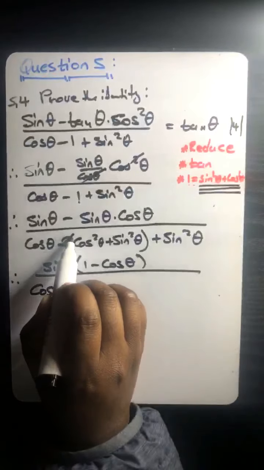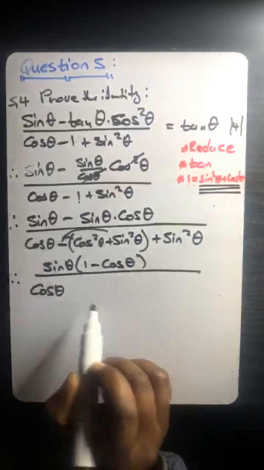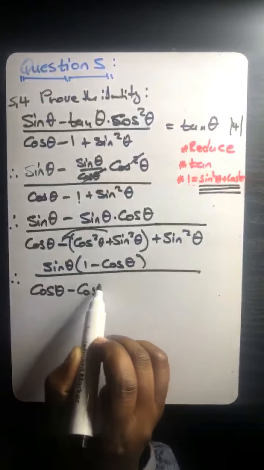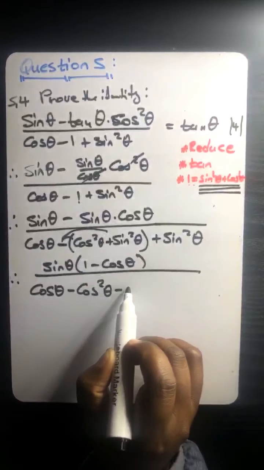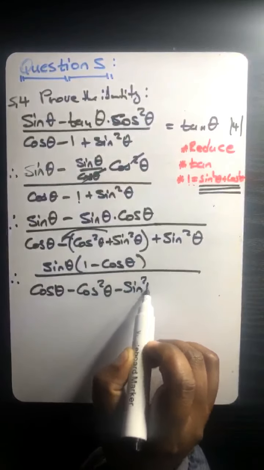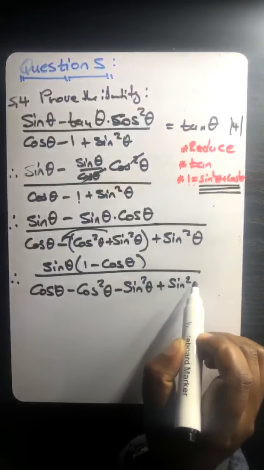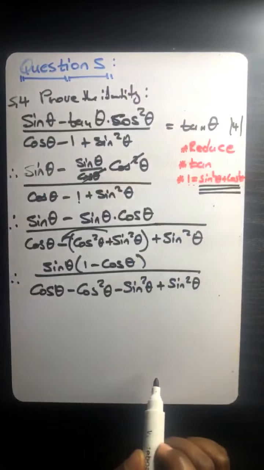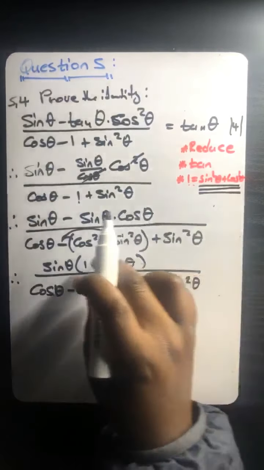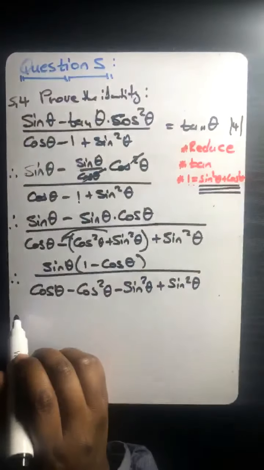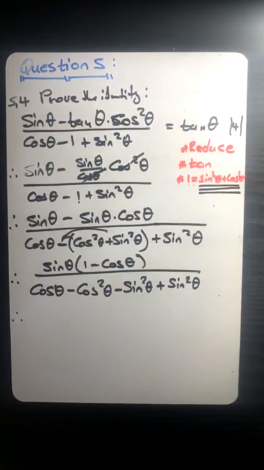Then if you multiply this times that, what are you having? You have negative cos squared angle minus sine squared angle, and then you still have plus sine squared angle. Do you guys agree with me on that step? Yes, everything's okay now.